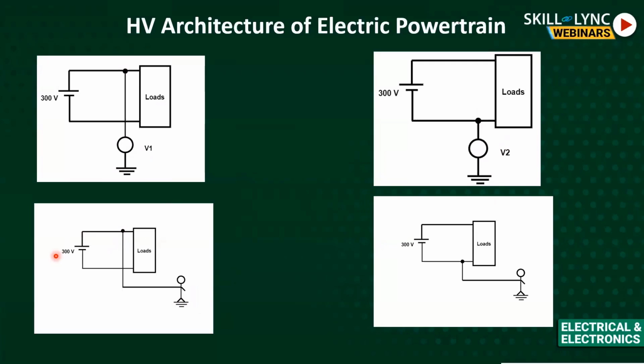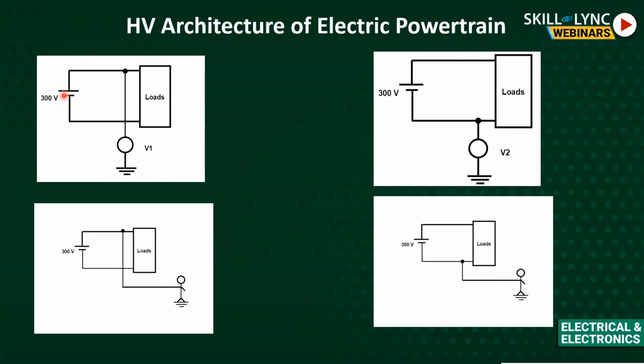This is a 300 volt system, which is a high voltage system, pretty much like an XEV. Any electric vehicle has more or less a 300 volt system. So will he get shocked or not? Similarly, if somebody is touching the chassis and touching the negative of the battery pack or DC link, will he get a shock or not?